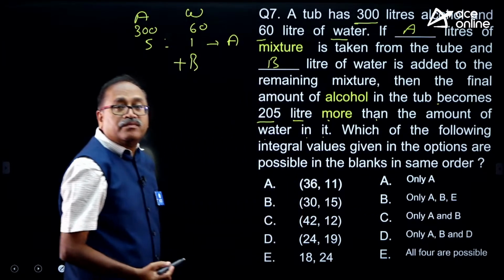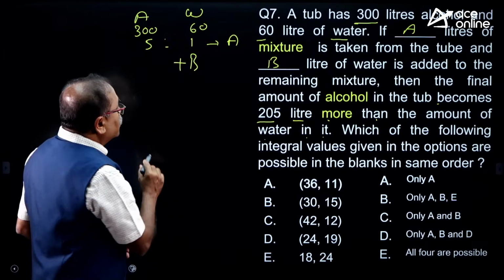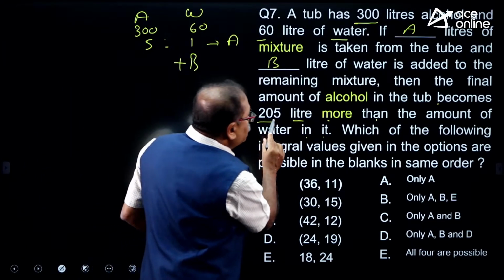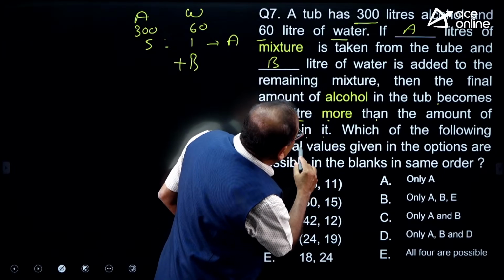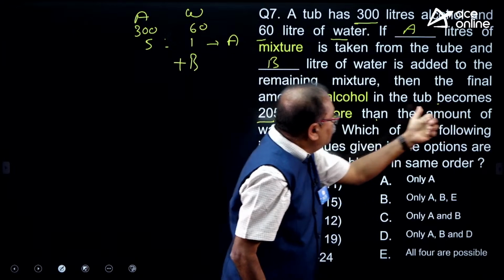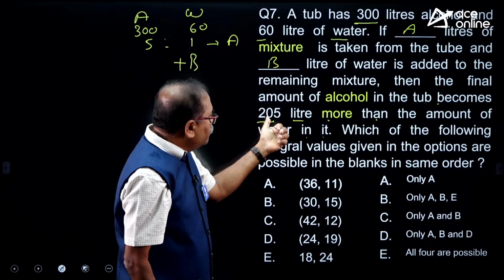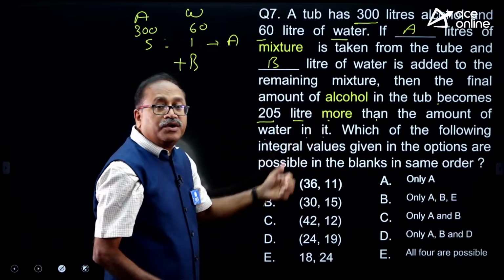in it. So after this activity, the alcohol in the tub becomes 205 liter more than the amount of water.